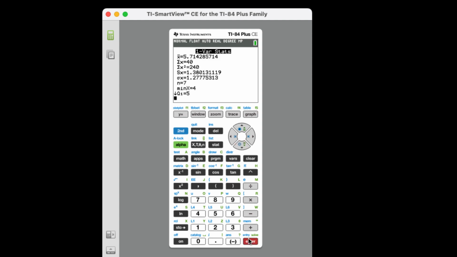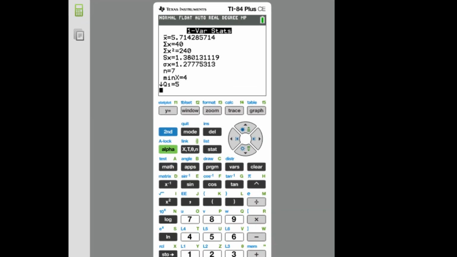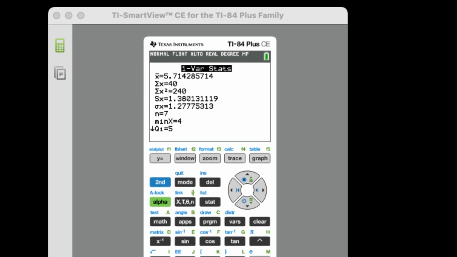And ladies and gentlemen, do you guys remember that? What's your sample mean? Let's go to the nearest tenths here. 5 point what? What's the sample standard deviation? That's the SX. Do you guys remember I said that to you guys? Oh, sample standard deviation's right there. It's the SX. What is it to the nearest tenths? This is 1.4.